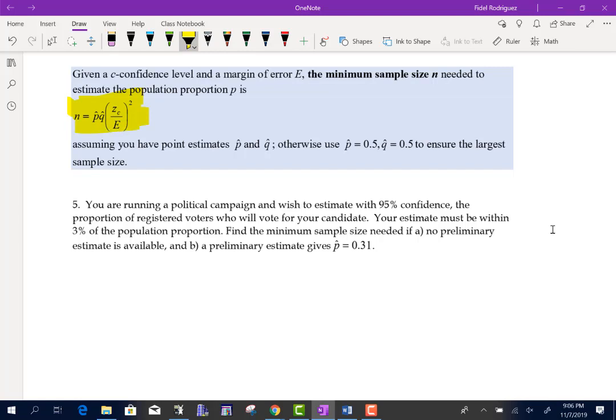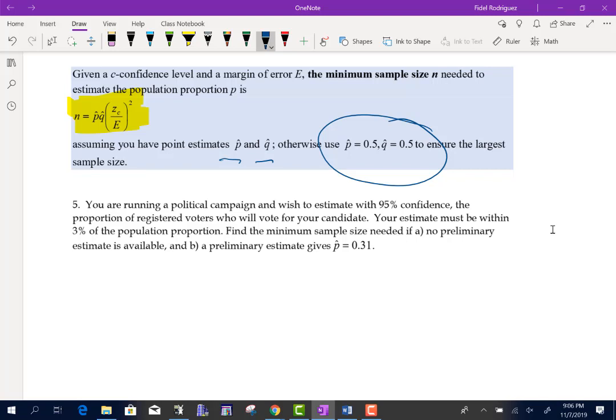Okay, so guys, look at what the directions say. It says, assuming we have estimates for p hat and q hat. What happens when we don't? Look at the estimates we're supposed to use. If they don't give me the estimates for p hat and q hat, I'm going to say that they're both 0.5.